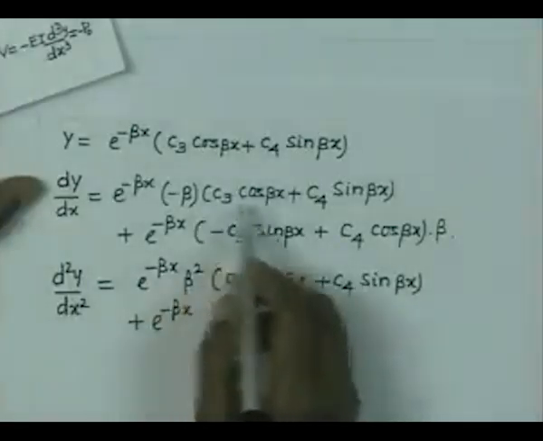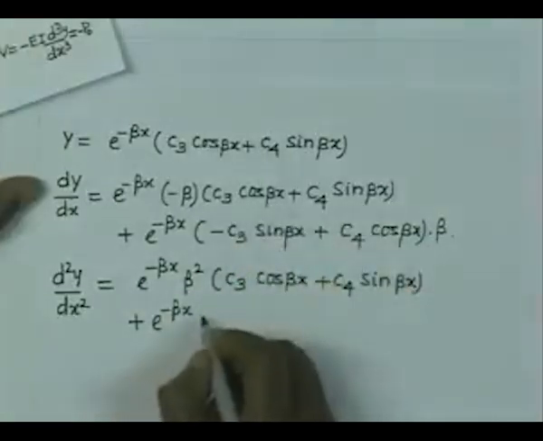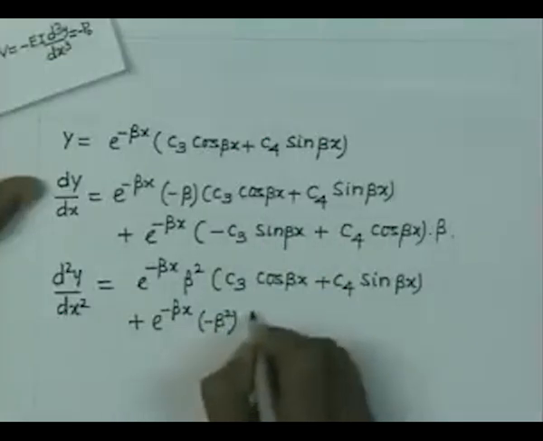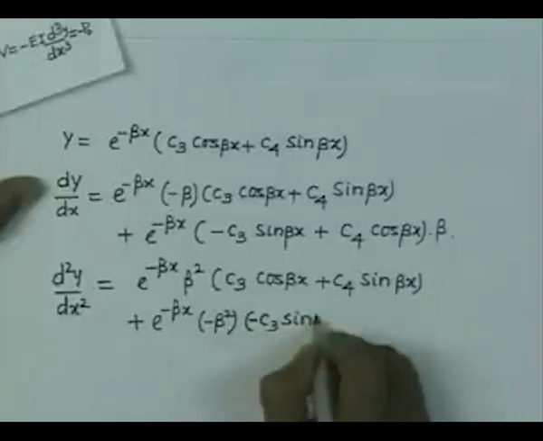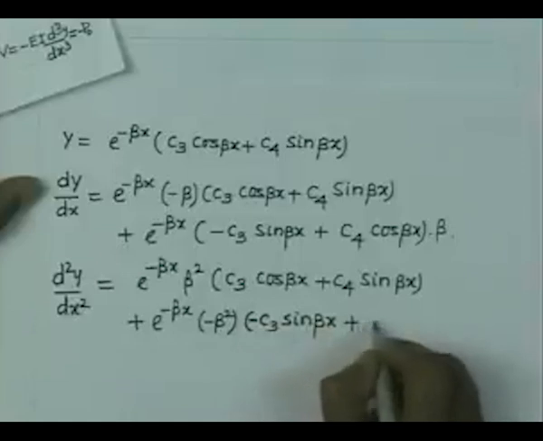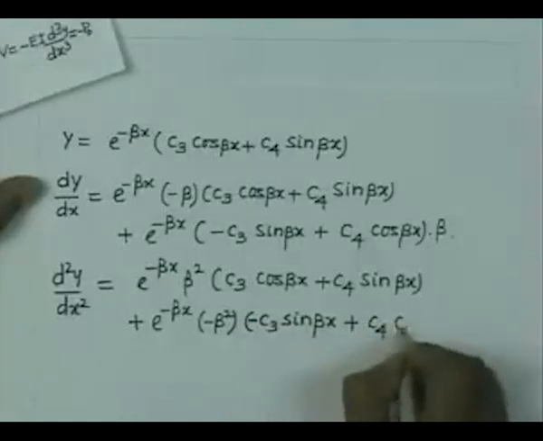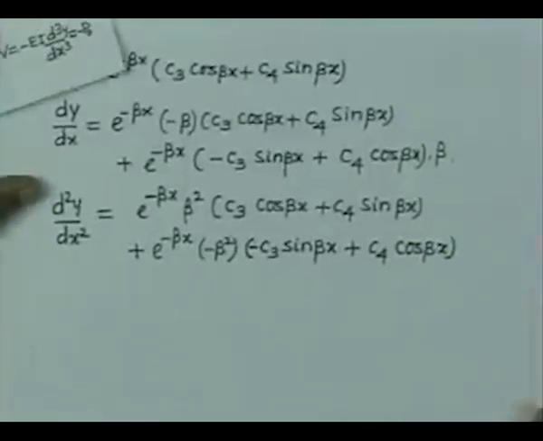The beta which comes from differentiation of this we can take together. So, this will be minus beta square into C3 sin beta x plus C4 cosine beta x. So, that is from the first expression.